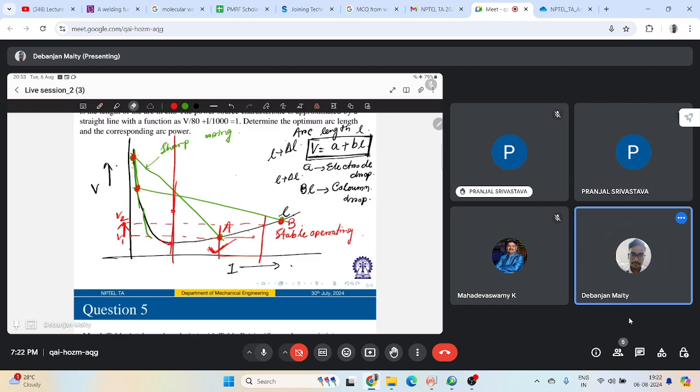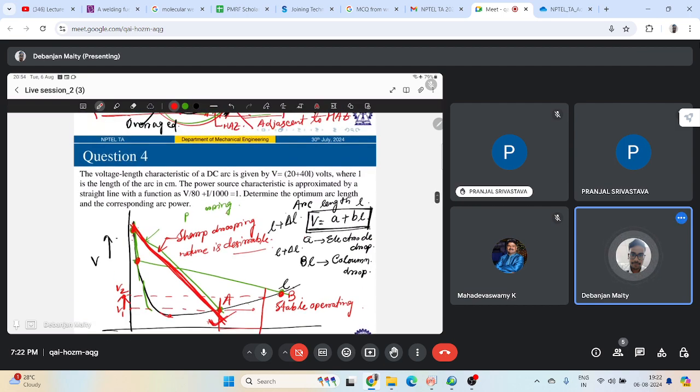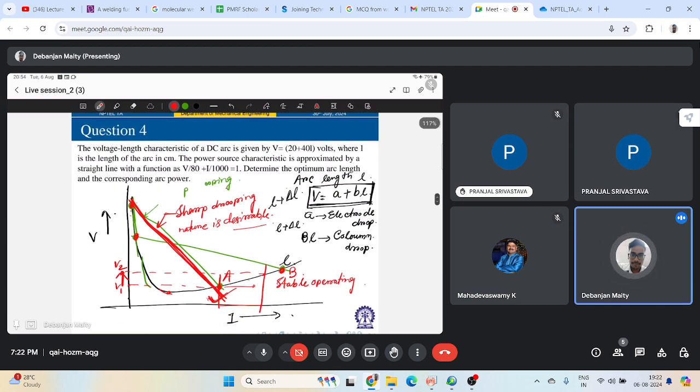The sharp drooping characteristics is desirable in that sense. I'm not going into detail. Let us leave it over here. Now, let us do this numerical question 4.